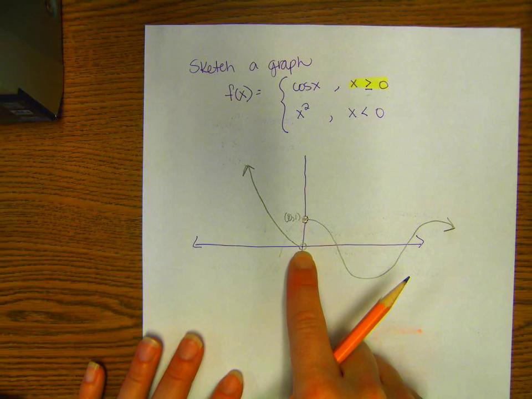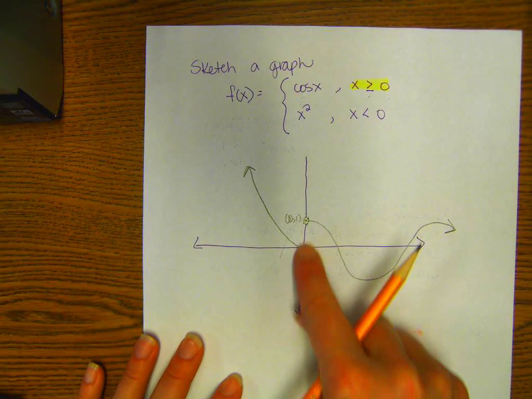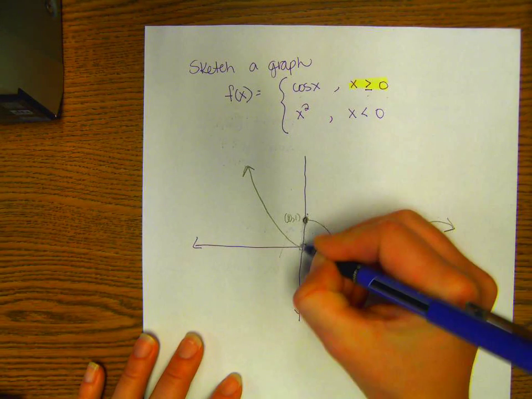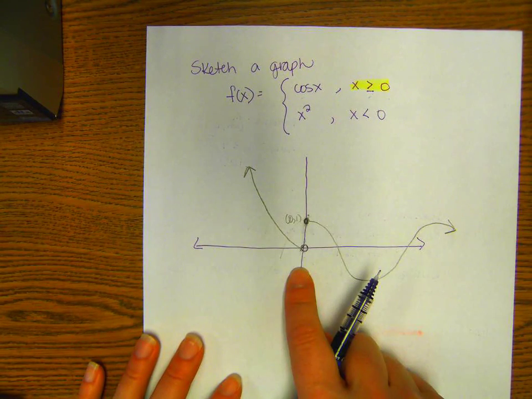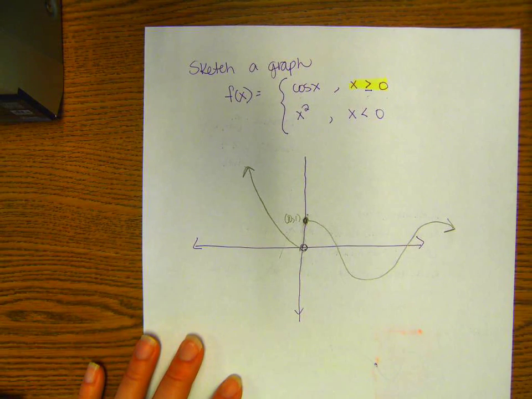And what this does is this is not continuous, but it allows this still to be a function. Because if this was closed and this was also closed, that would fail the vertical line test. But because this is closed and this is open, it is still a function, just not continuous.